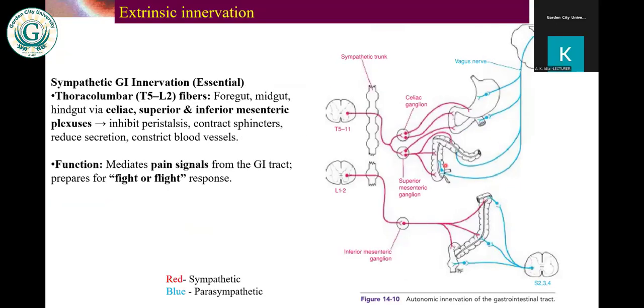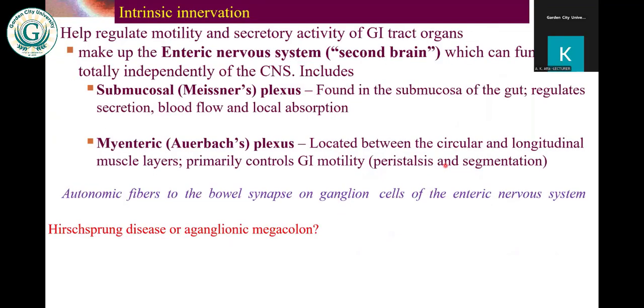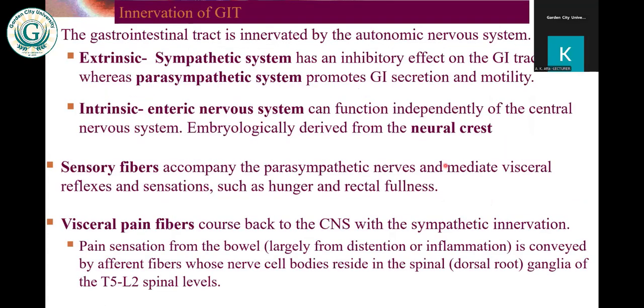The sympathetic innervation: because there are smooth muscles in the wall of the GI tract, they will be innervated by the autonomic nerves. Because there are glands that will secrete something, they are also innervated by the autonomic nerves.